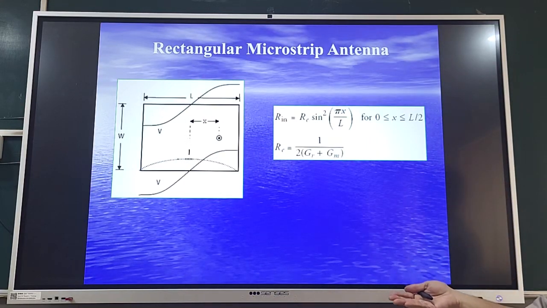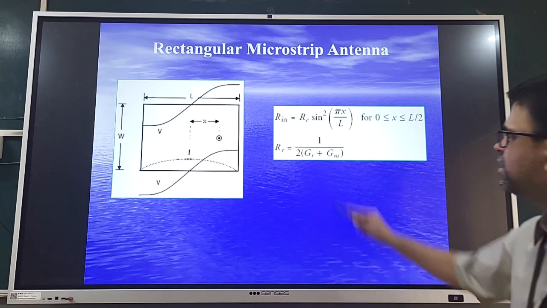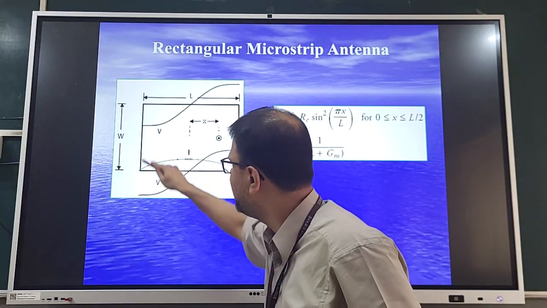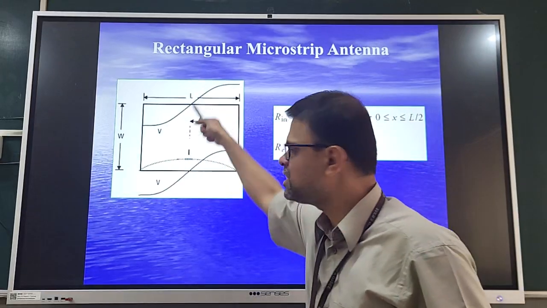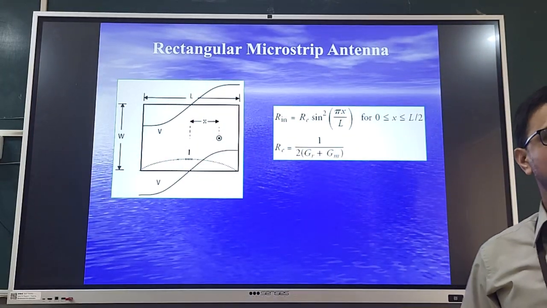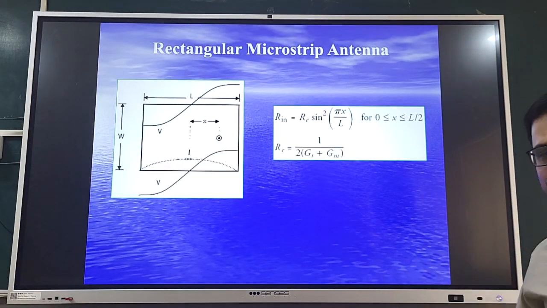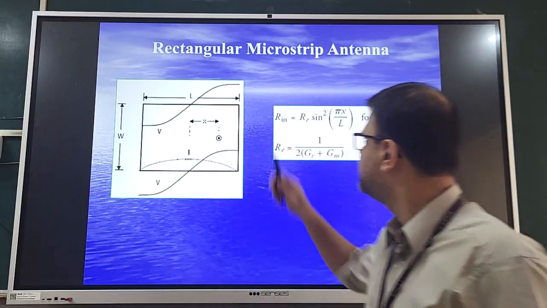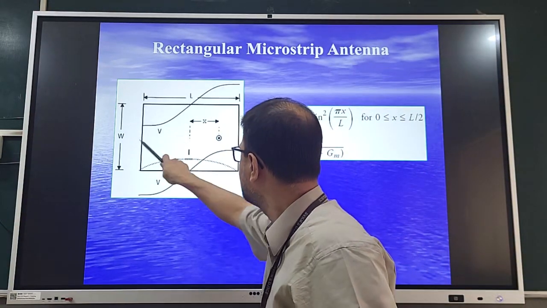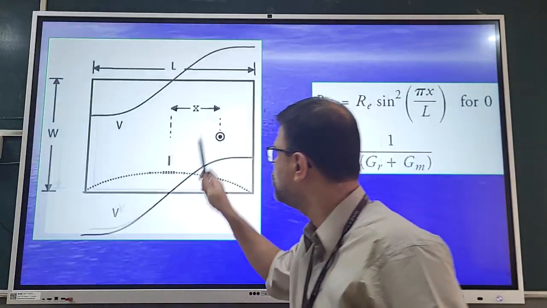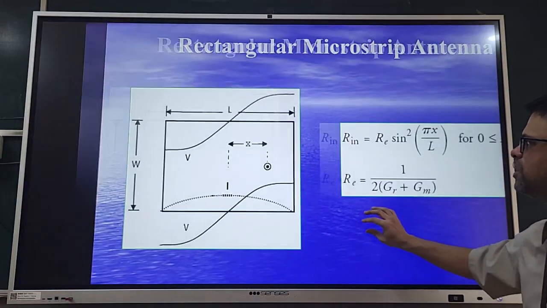So that radiation is represented in terms of radiating slots or the resistance.